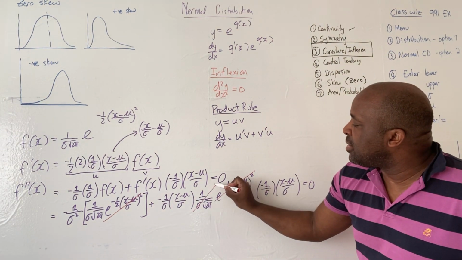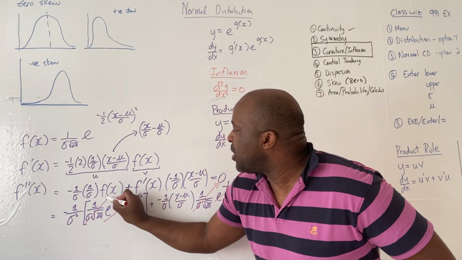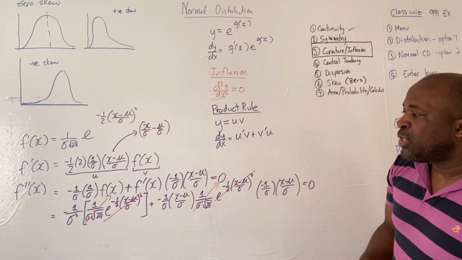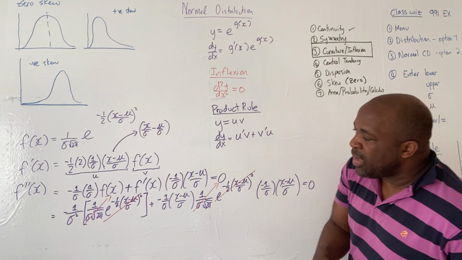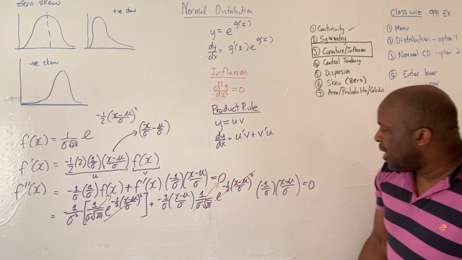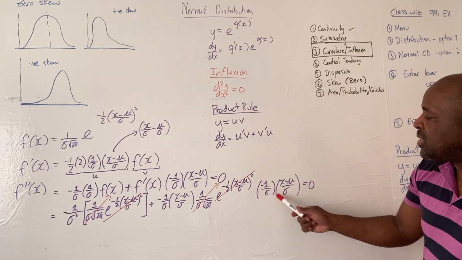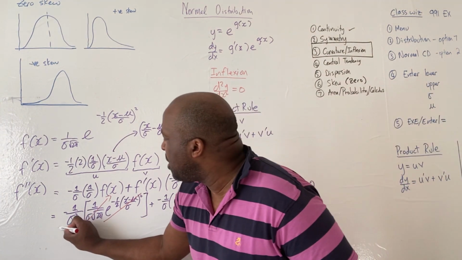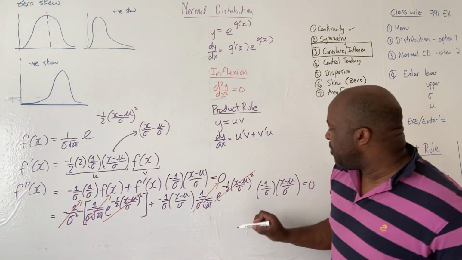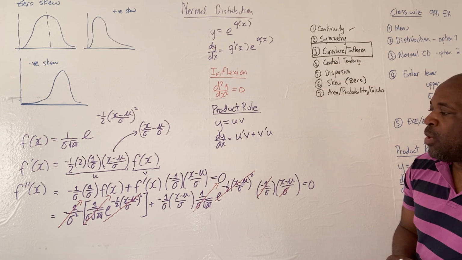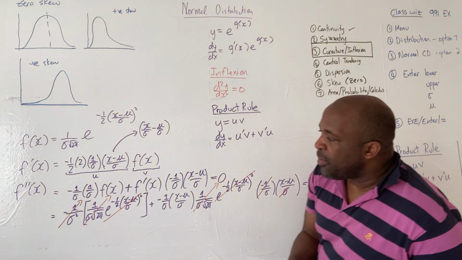So we could cancel there and we could cancel there. All right, so let's look at what we have. We have a minus 1 over sigma square, and we have a minus 1 over sigma square as well. So we could further cancel. That would go to 0, and that would go to 0 with that expression as well. So what are we left with at present?